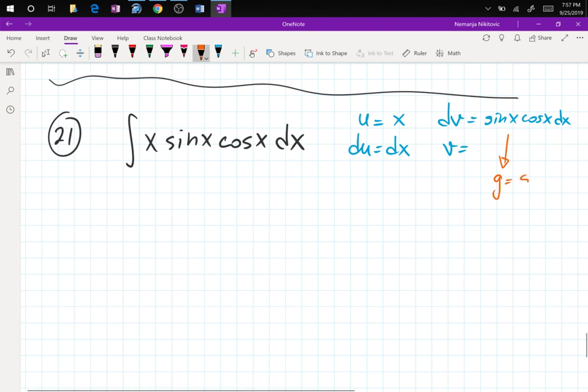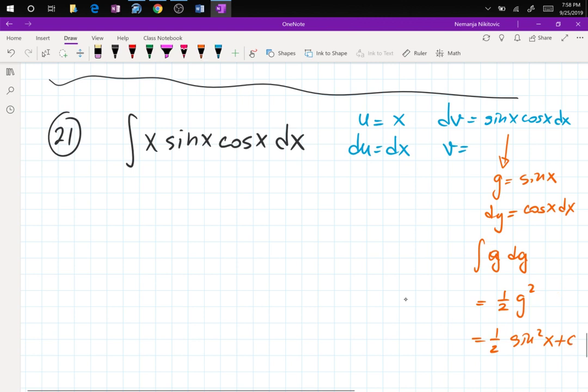Say g equals sine x, then dg is cosine x dx, and you have integral of g dg, which is 1/2 g squared plus c, which is 1/2 sine squared x.